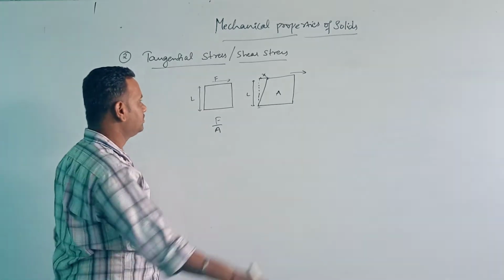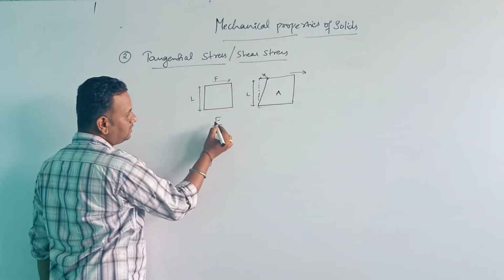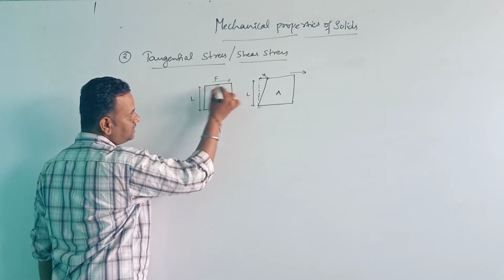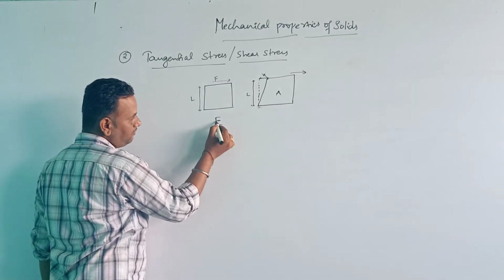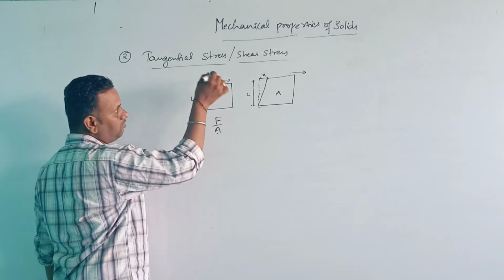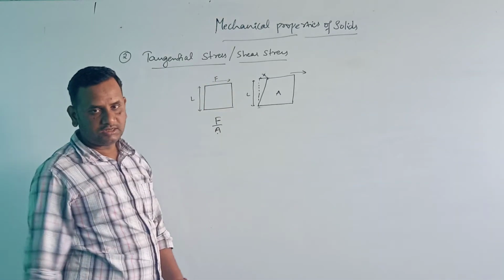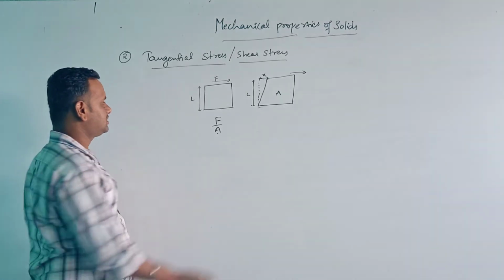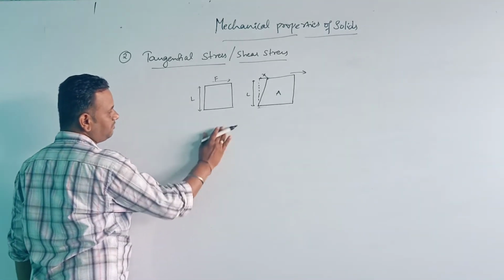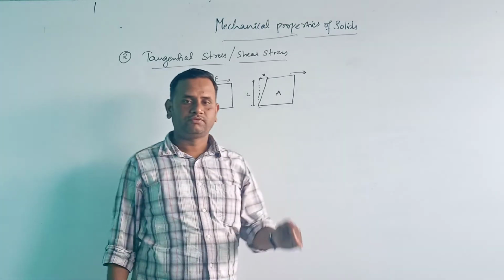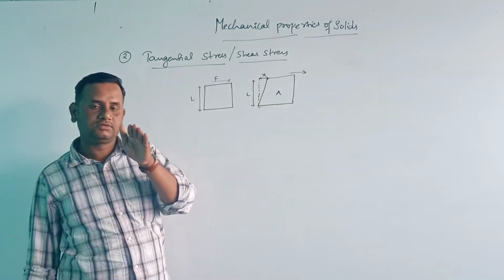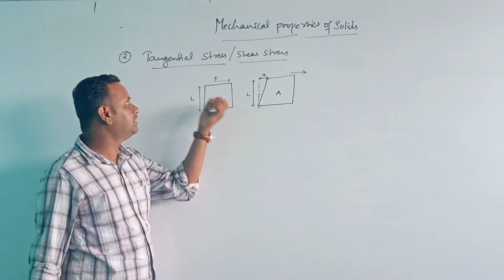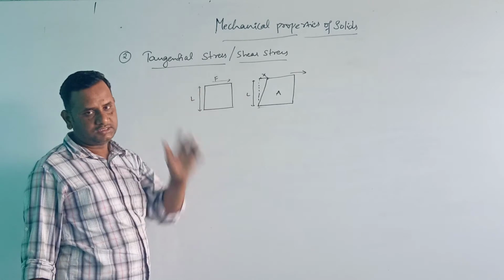Okay. Now the tangential stress means the force which is acting tangentially on the surface, divided by the area of the body, is called tangential stress. Okay. So once again I am repeating the definition. The force acting along the tangent of the surface of a body to the area of the surface of the body is called tangential stress.